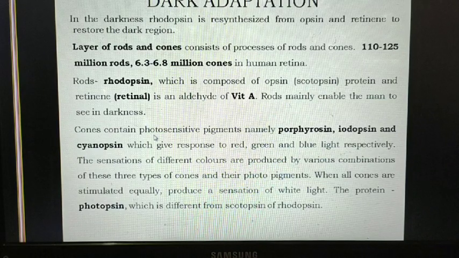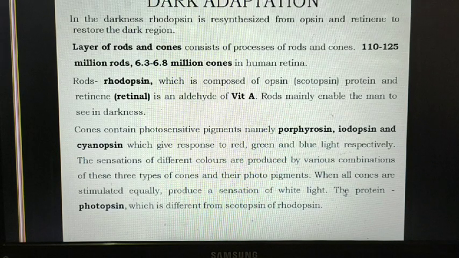The cones contain photosensitive pigments like erythrolabe, chlorolabe and cyanolabe, which respond to red, green and blue light respectively. The sensations of different colors are produced by various combinations of these three types of cones and their photopigments.